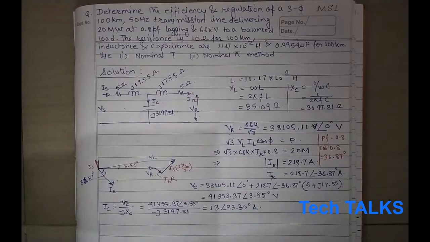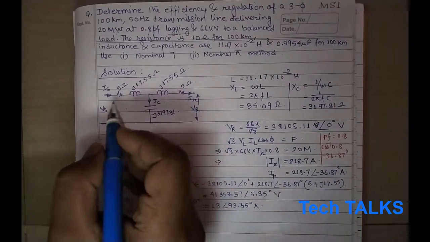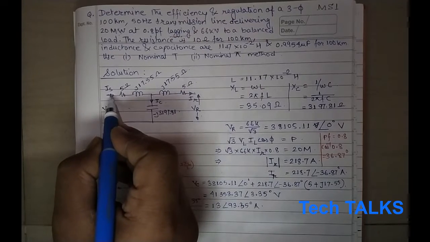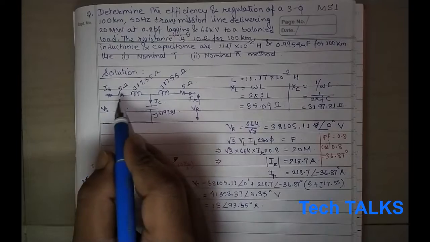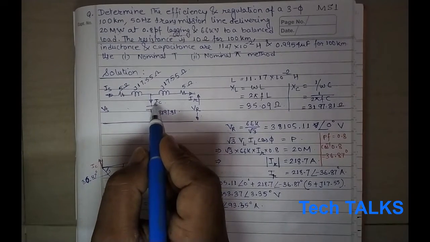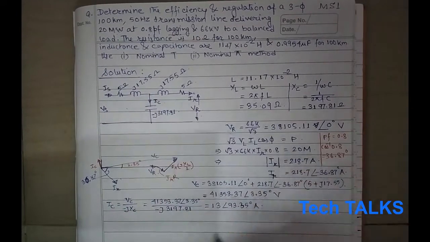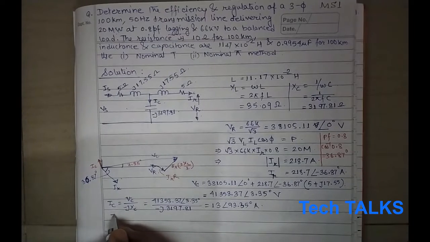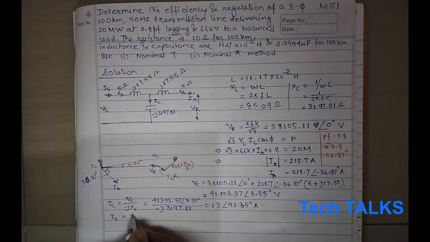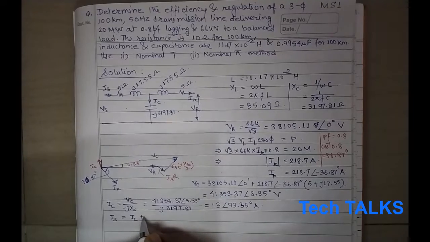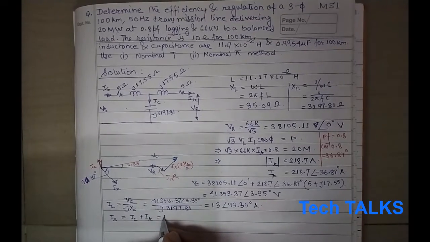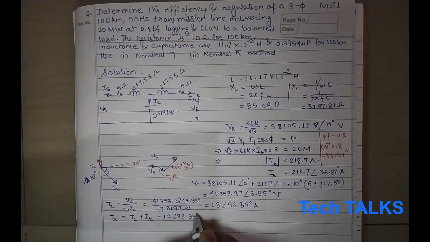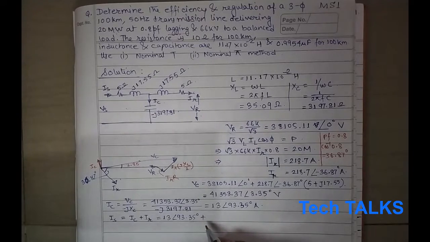Now IS, this current is equal to IC plus IR. The sending end current is equal to the capacitive current plus the receiving end current. So IS is equal to IC plus IR, which is 13 at an angle of 93.35 degree plus IR.